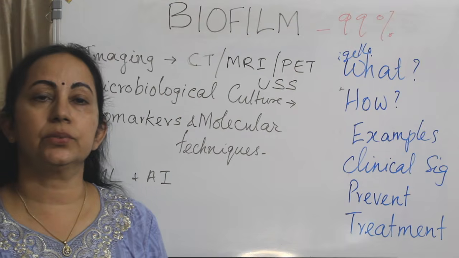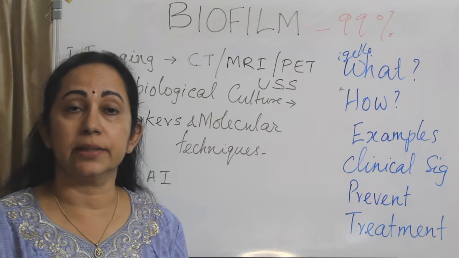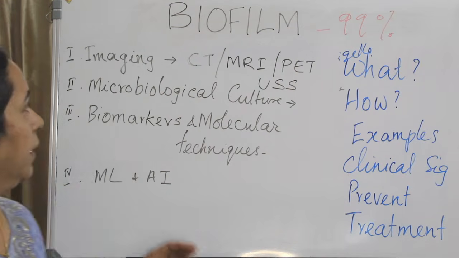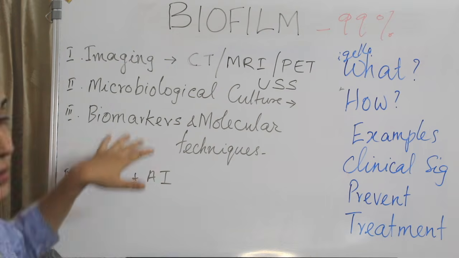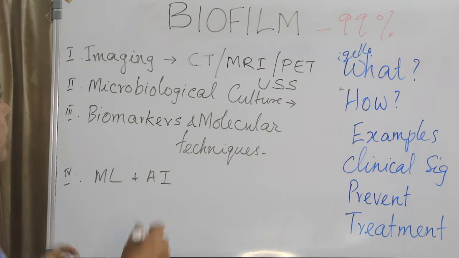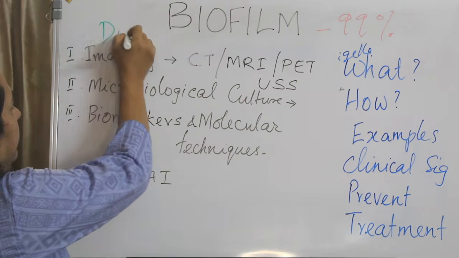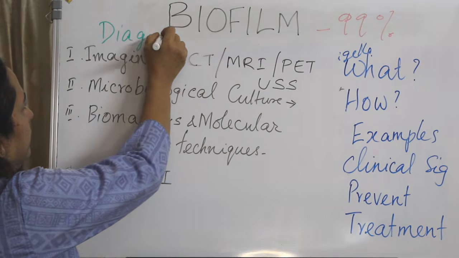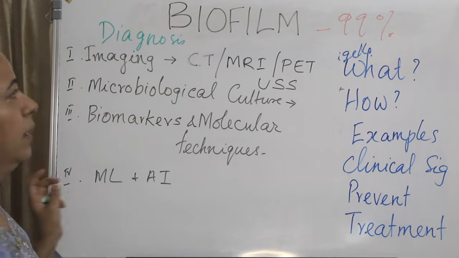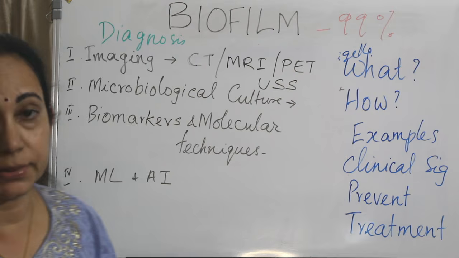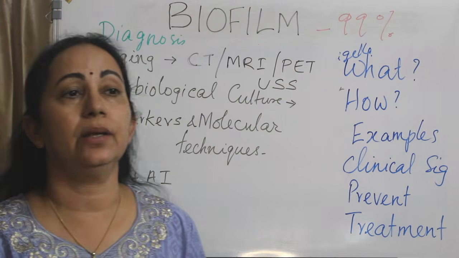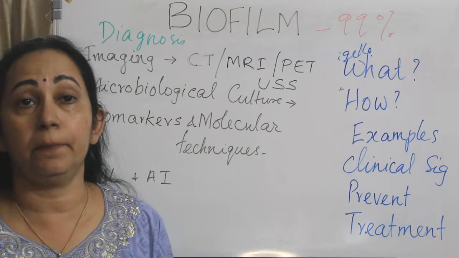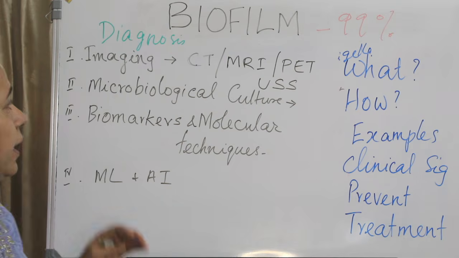Now the early diagnosis of the clinical condition is very important, and these are the diagnostic modalities. One is imaging, even starting from conventional technique of X-ray to CT scan, MRI scan, PET scan, and also ultrasound scan.